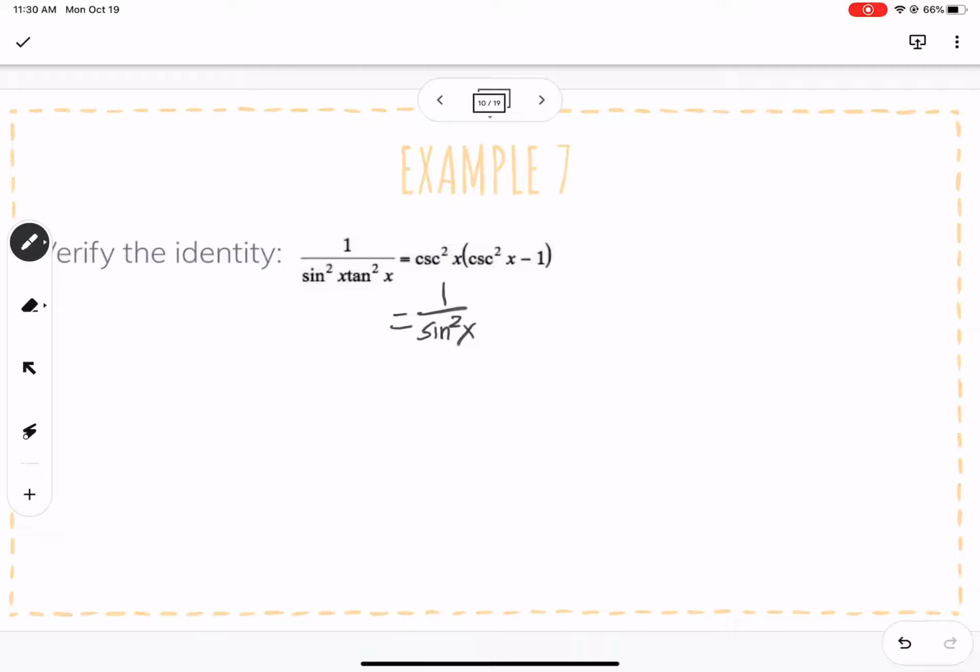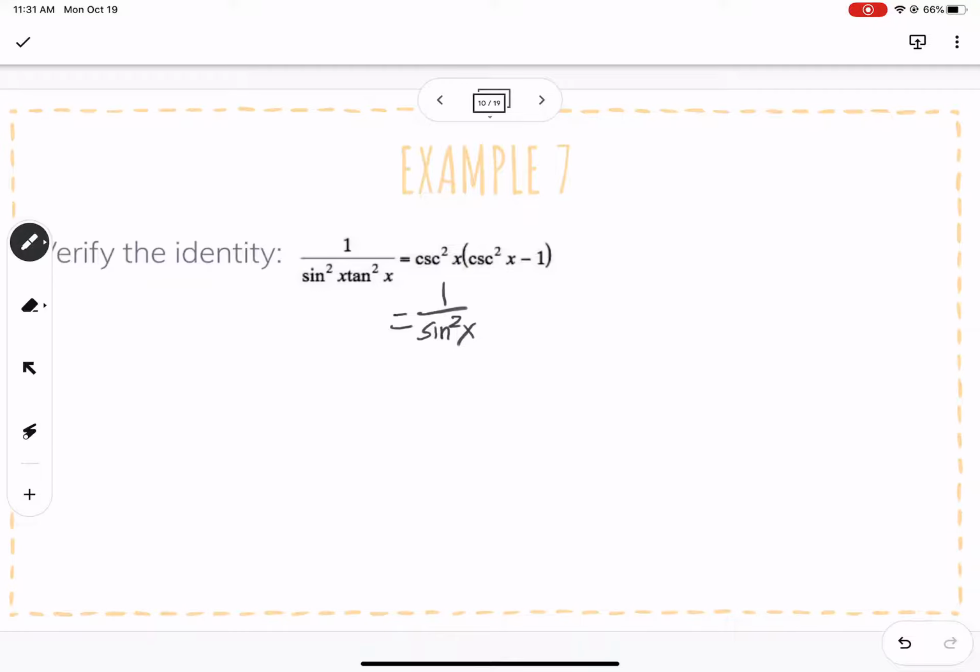Now, cosecant squared minus 1, I'm going to use the Pythagorean identity. Anytime you see a 1 that's being added or subtracted, your go-to is Pythagorean. It's probably going to come from one of those. Not always, but the majority of the time it will.